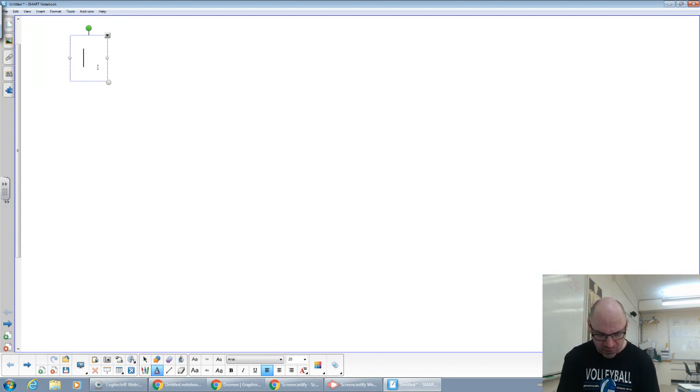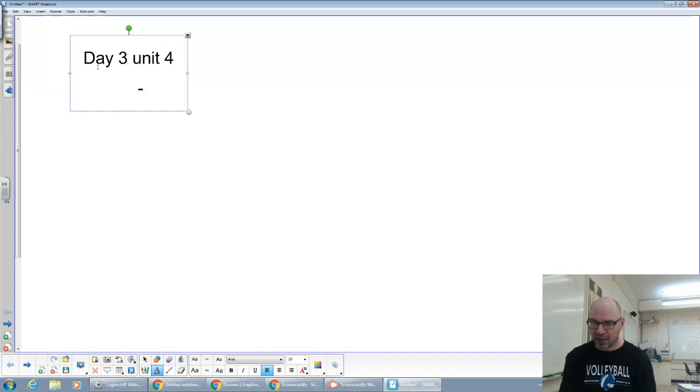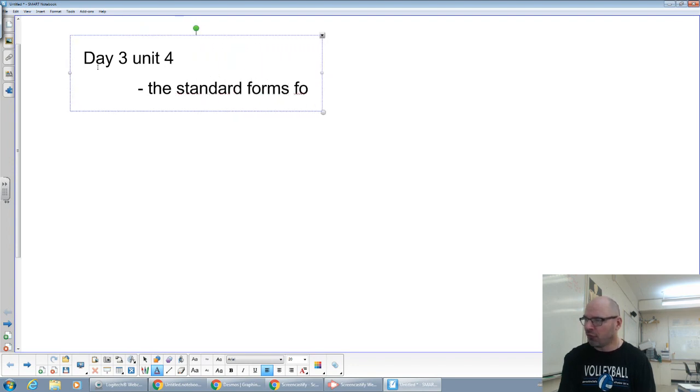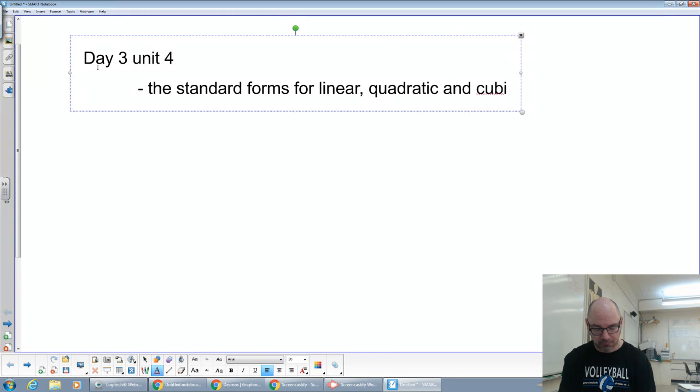So the first thing that we're going to do on day 3 of unit 4 is we're going to look at, first of all, the standard forms for linear, quadratic, and cubic equations.